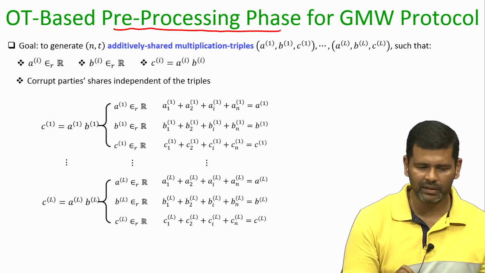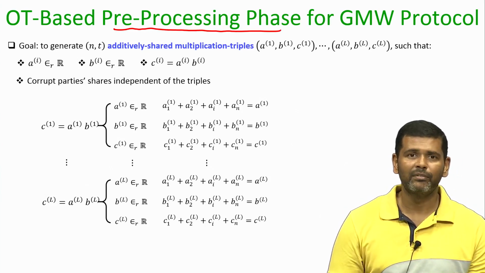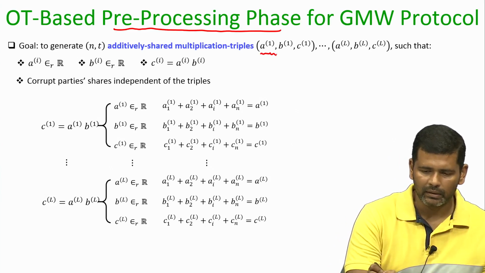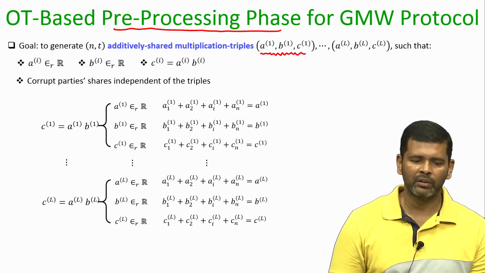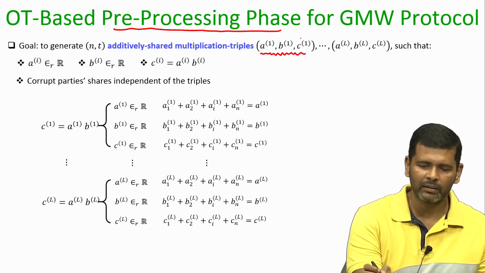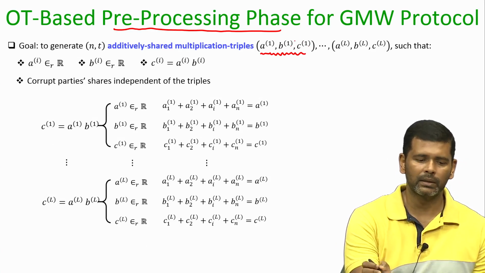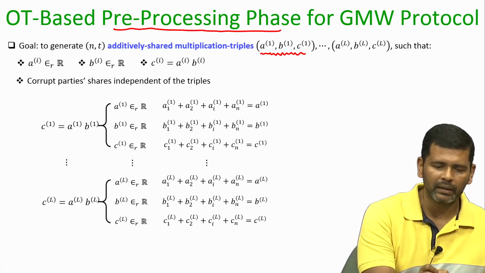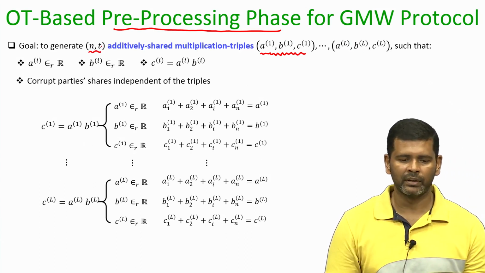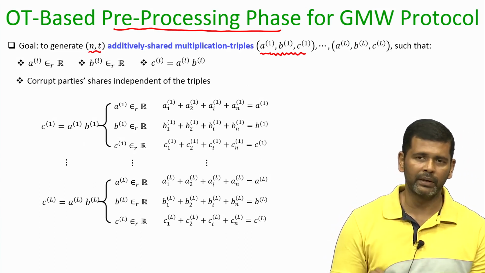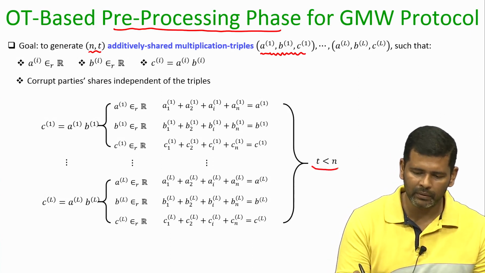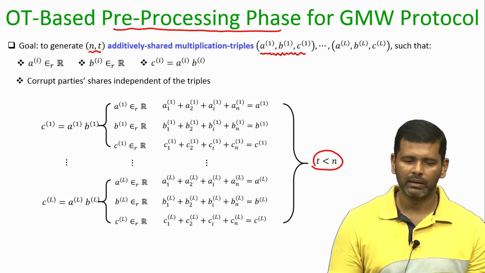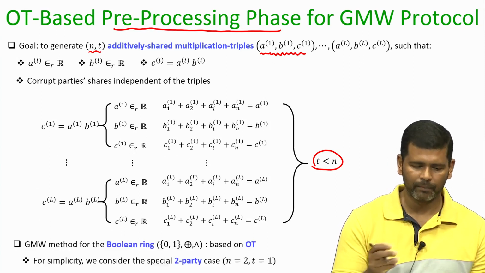Our goal in the pre-processing phase is to generate additively shared random multiplication triples, where the A component, B component, C component should be random elements from the ring, except that the C component should be the product of the A and B component, and all the components of all the triples should be n comma t additively secret shared among the parties, where the addition operation is as per the underlying ring, and we want to do this in the dishonest majority setting, where all but up to n minus 1 parties can be under the control of the adversary.